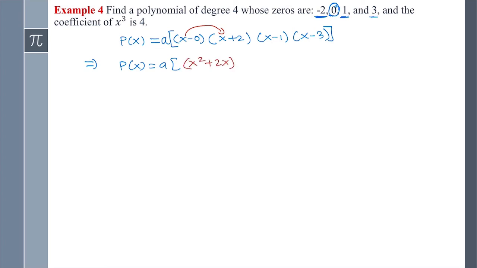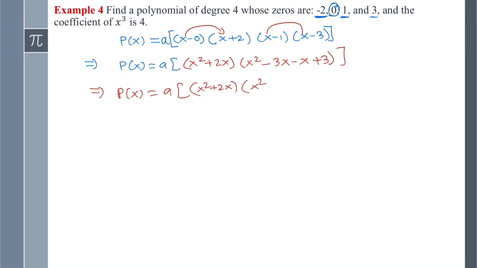And then let's multiply these two. x times x is x squared. x times negative 3 is negative 3x. Negative 1 times x is negative x. And negative 1 times negative 3 is positive 3. Now this can be written as p of x equals a times x squared plus 2x times x squared minus 4x plus 3.